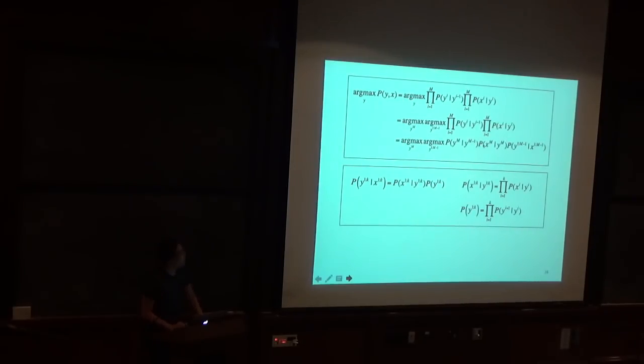And I'm going to factor out the terms that depend on y_m, and then recombine everything else. So what does that mean? That means now we have P of y_m given y_{m-1} times P of x_m given y_m, and then everything else that doesn't depend on y_m.